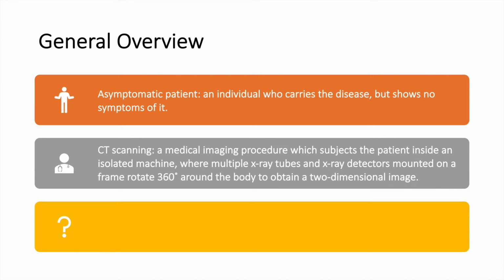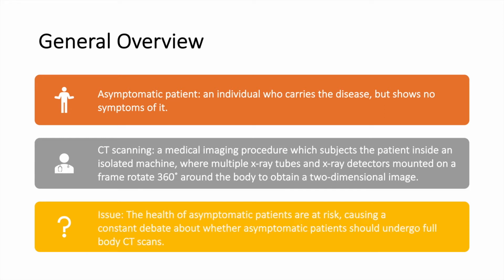This is more effective than X-rays, as it can effectively image soft tissues and bone alike, and can be further digitally altered and manipulated to show desired organs. However, this puts the asymptomatic patient at risk as high radiation doses are being used, therefore putting their health at risk.